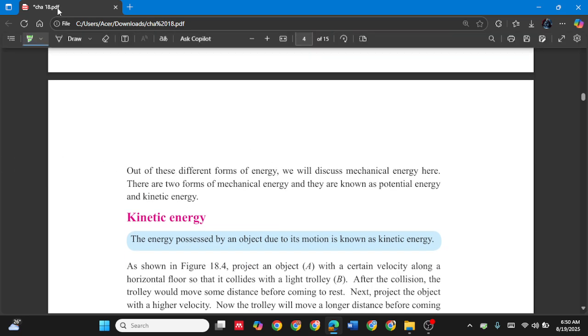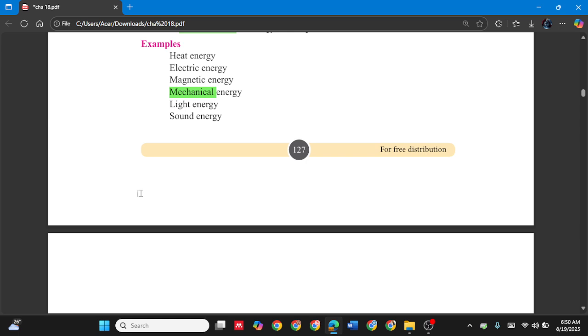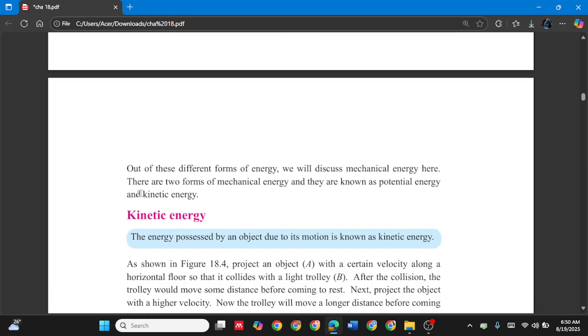So write the topic mechanical energy and write the sentence: there are two forms of mechanical energy.